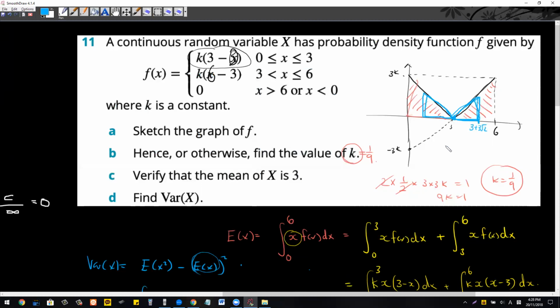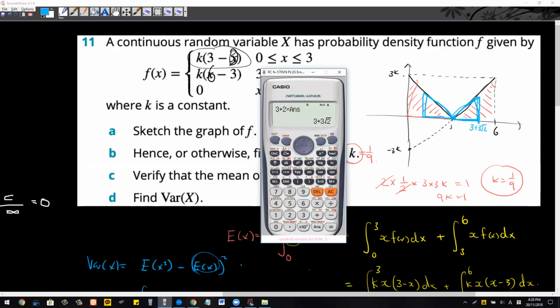So if I just go for integration of 1 over 9, of course I can just use triangle area, no? And then this function here, 3 minus x minus 3.